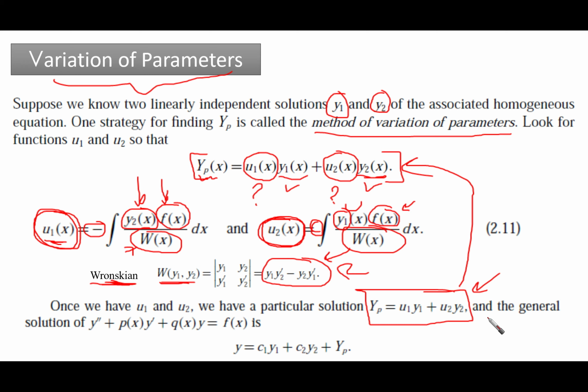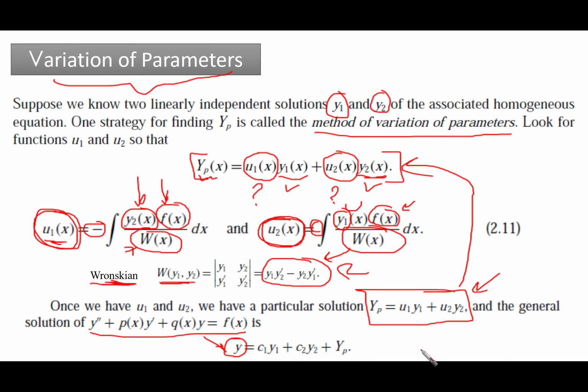Okay? And then the general solution of our non-homogeneous equation, as you can see, is going to be y equals, this is the general solution now, it contains all possible solutions, equals c1y1 plus c2y2 plus yp. Okay?